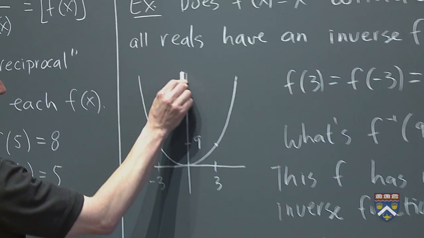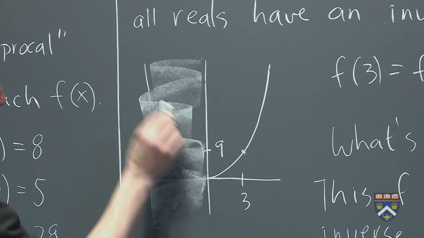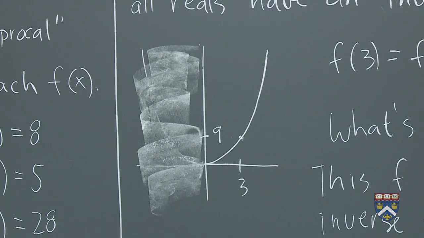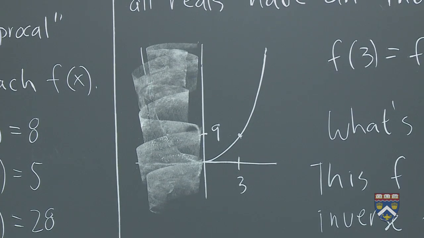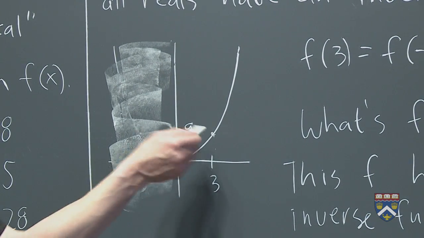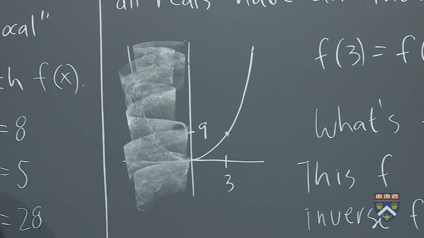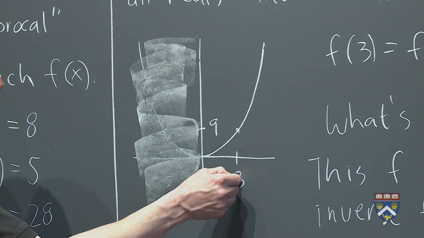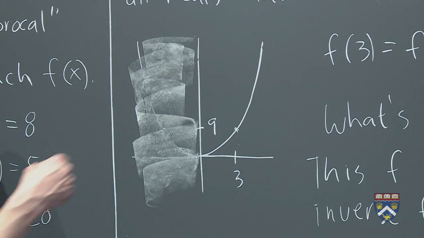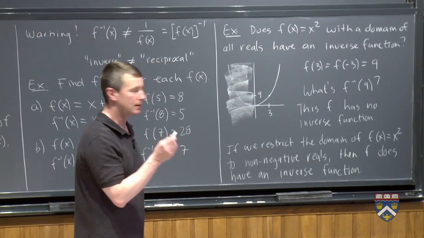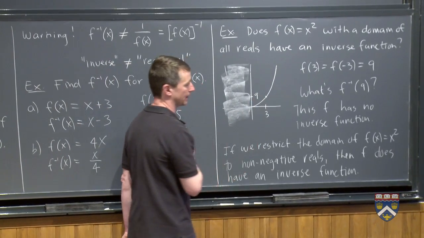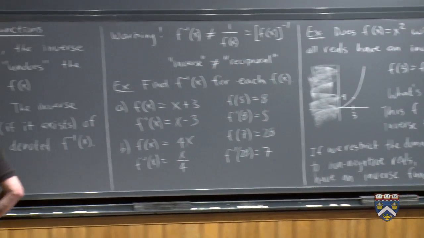This is all gone now. And when that happens, there's no danger of getting the same y value from two different x values. The problem before was that both x equals 3 and x equals negative 3 gave me the same y value of 9. Now there are no duplicate y values happening. And that's the square root function.